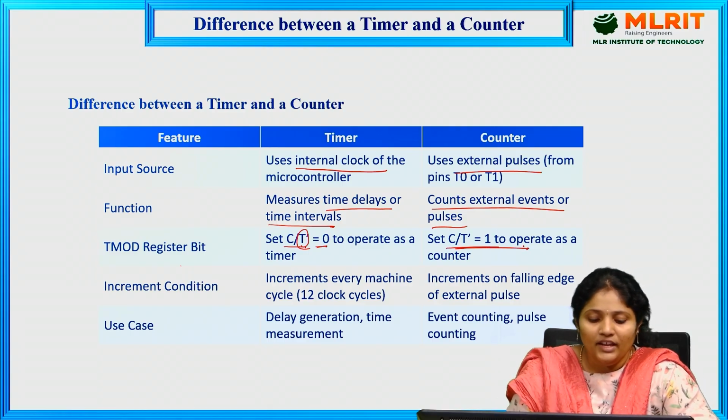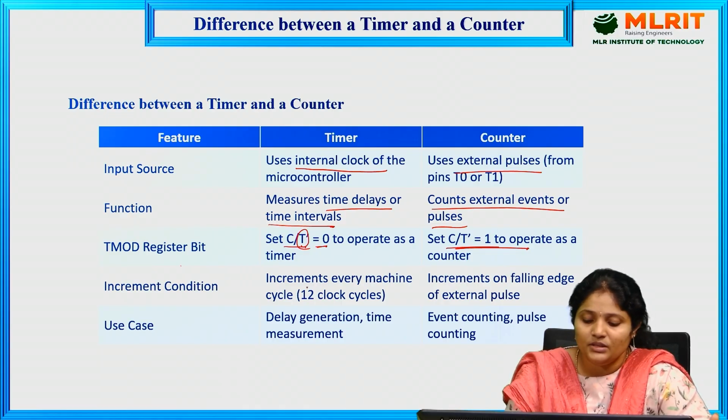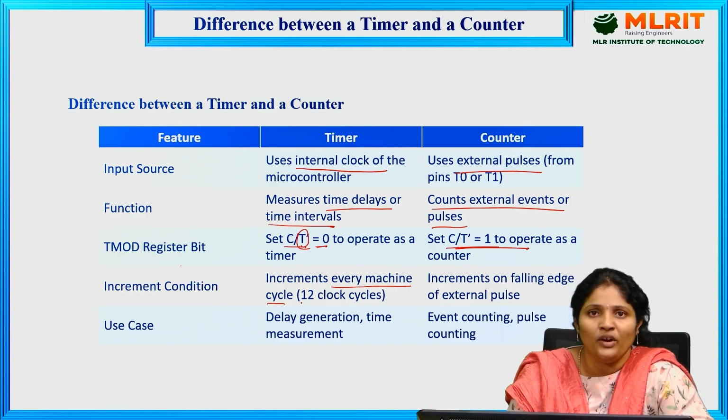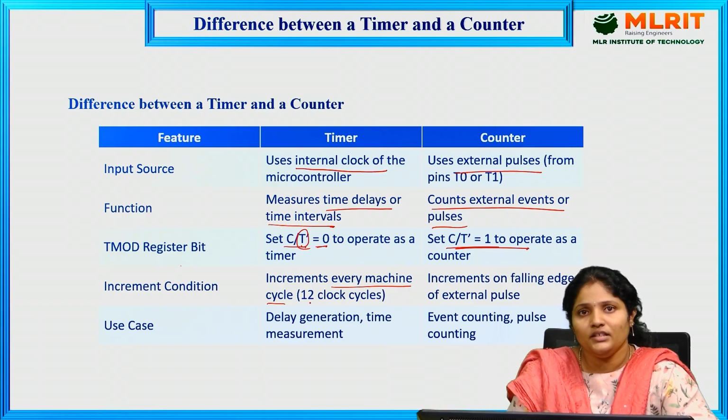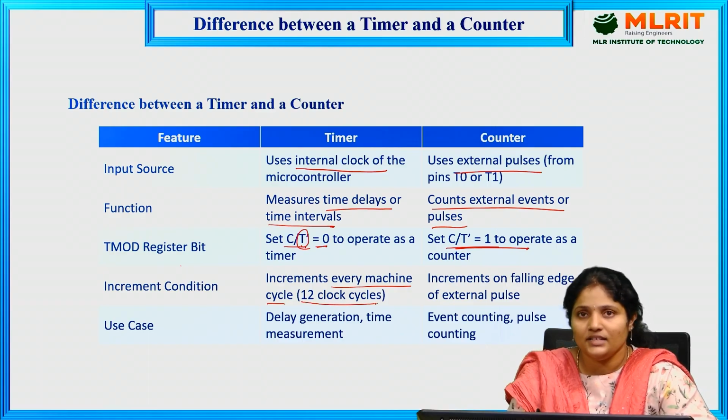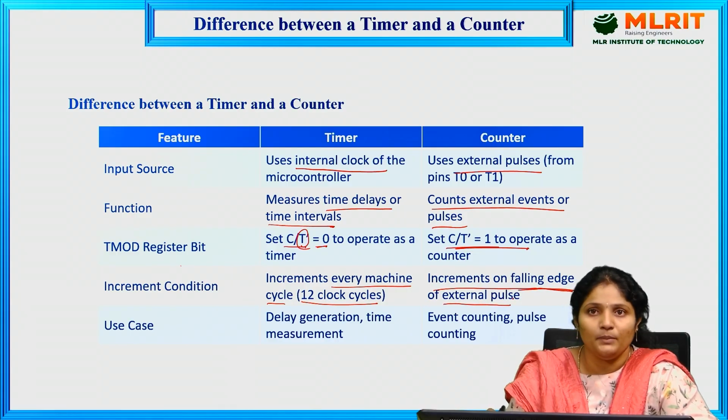How do increment operations work? Increments occur for every machine cycle. How many clock cycles are required for one machine cycle in the 8051? 12 clock cycles are required to provide one machine cycle. The increments always occur on the falling edge, so the falling edge of the external pulse is used to increment.